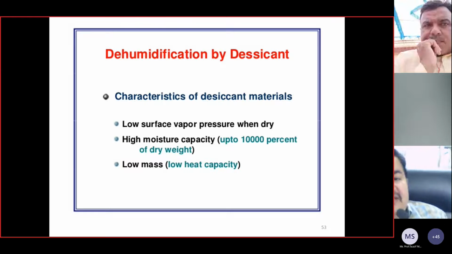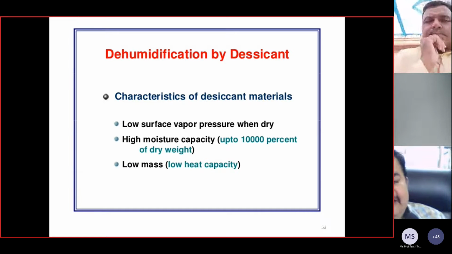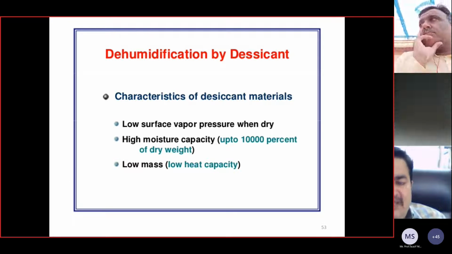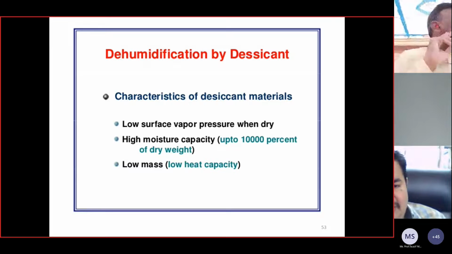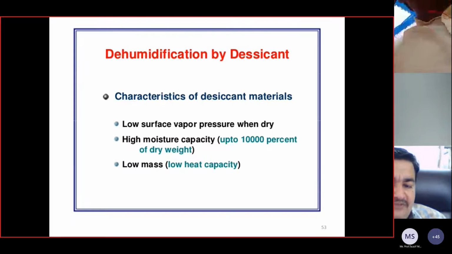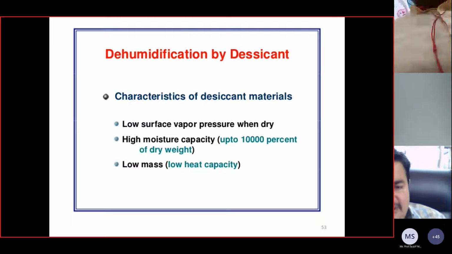So all materials are not desiccant materials. There are certain characteristics required of a material to be characterized as a desiccant material. Some specific materials are available in nature, as well as some derived and man-made materials, that are categorized as desiccant materials. The first prime requirement of a desiccant is that it should have a low surface vapor pressure under its dry condition.